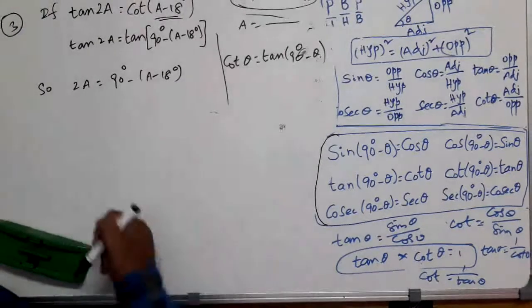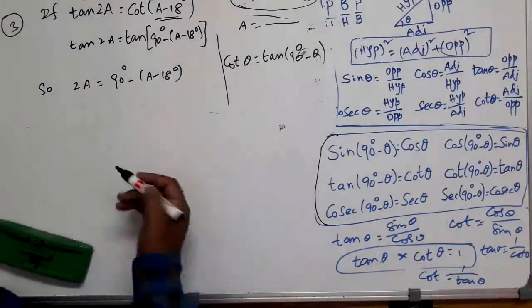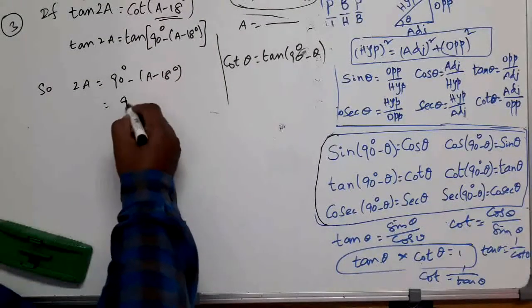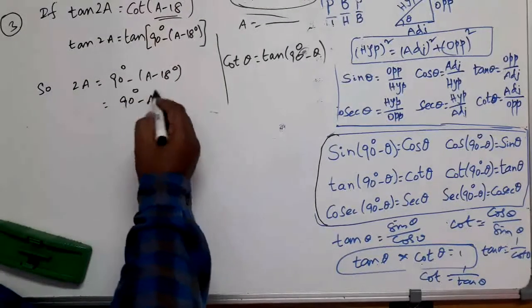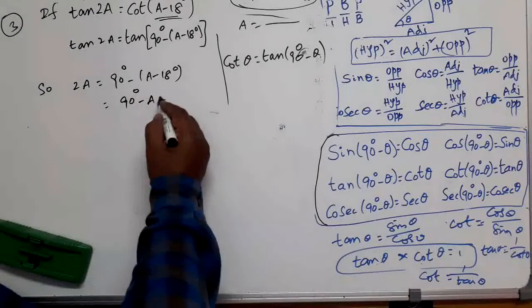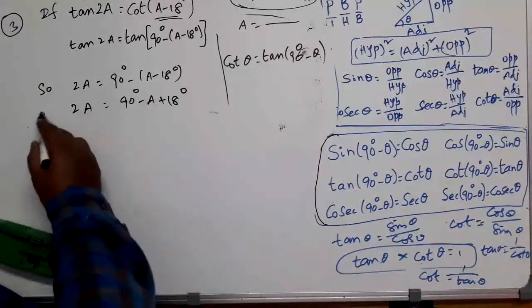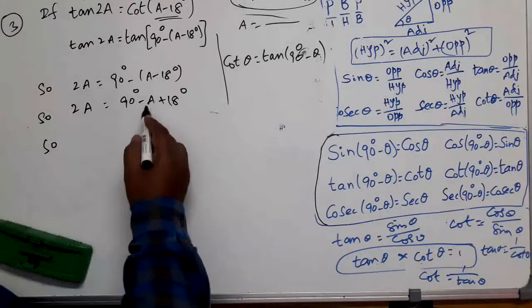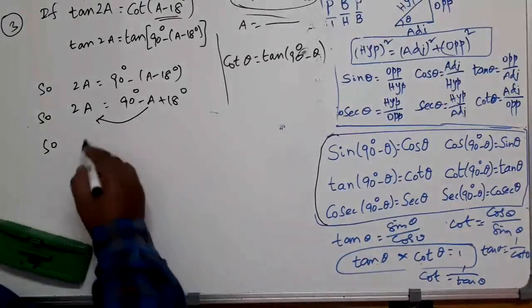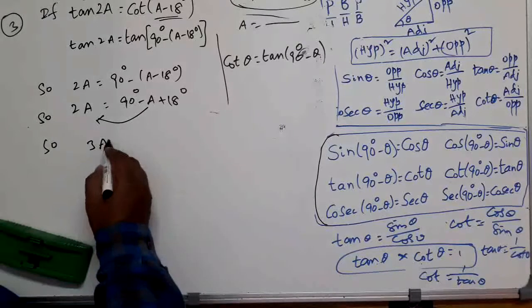Now let us simplify further. So this is 90 degrees minus A plus 18 degrees. This is 2A, so I will add A on both sides. 2A plus A will be 3A.